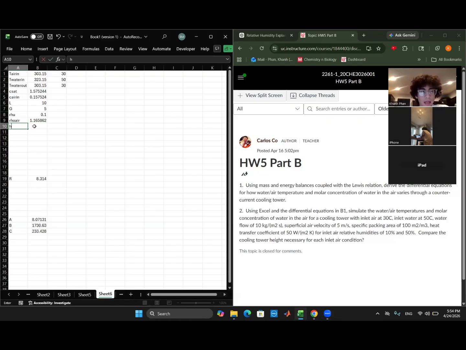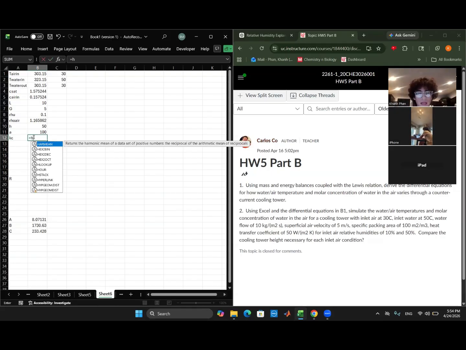Just gonna define H down here first. So H is equal to 50. And then A is equal to 100. And now Kc is equal to H divided by rho air.